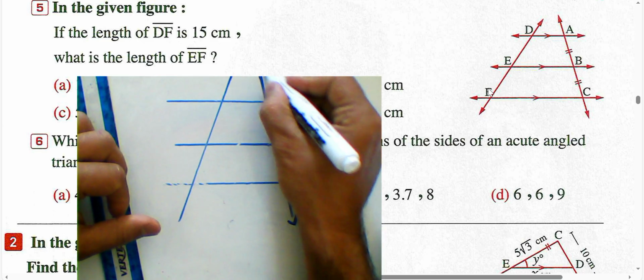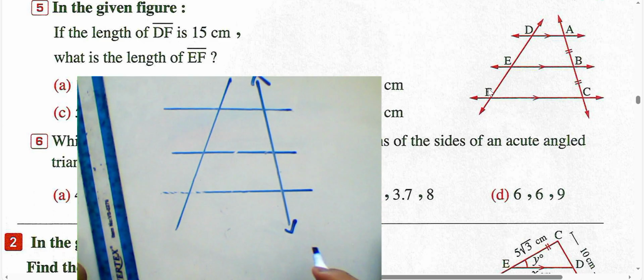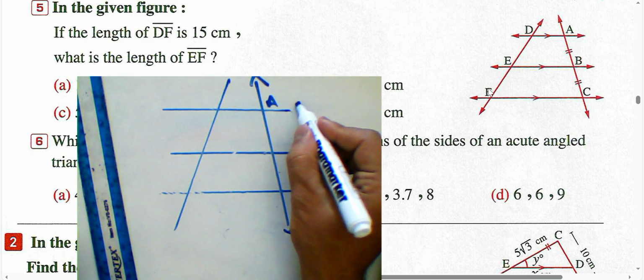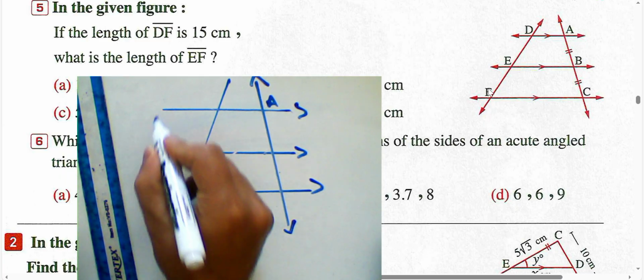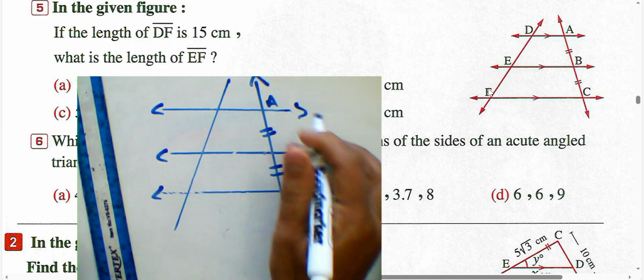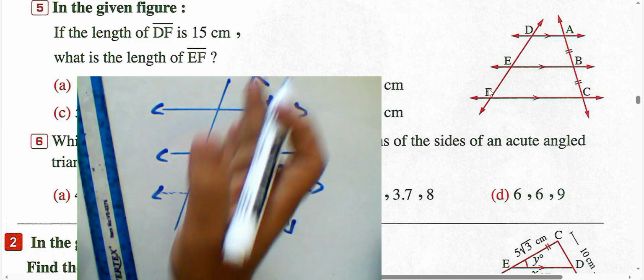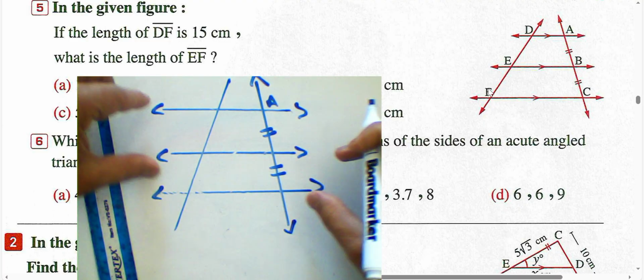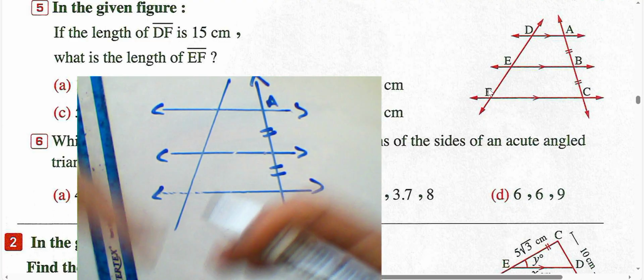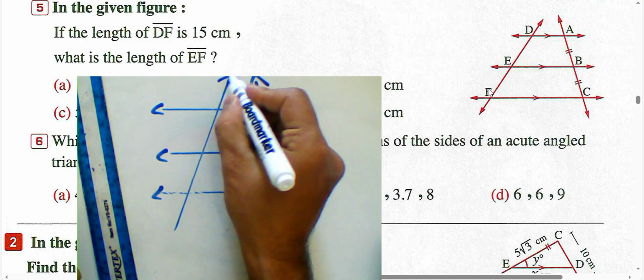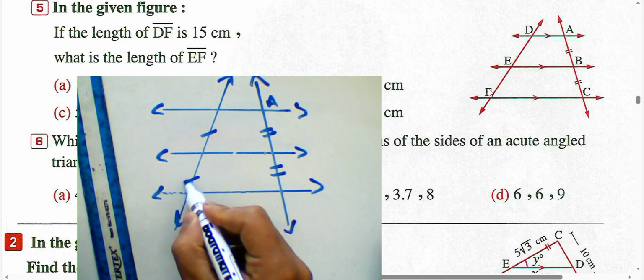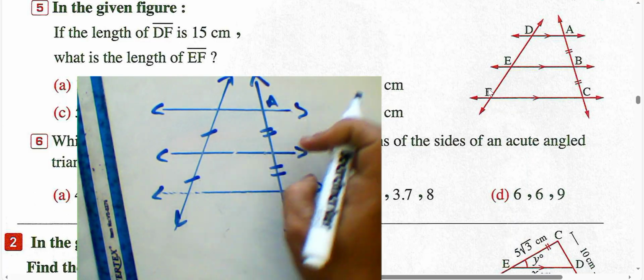In this example we have a straight line AC cutting three parallel lines, and we have two equal parts here. Then any straight line which cuts three parallel lines gives us equal parts between them, like this.